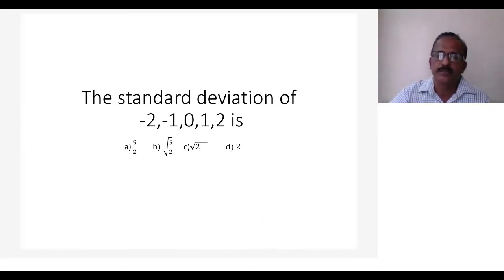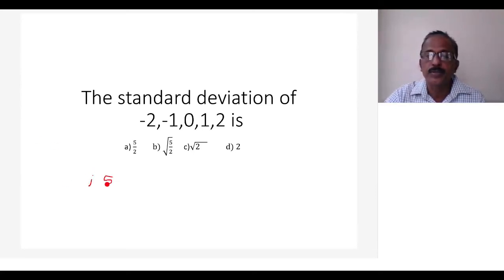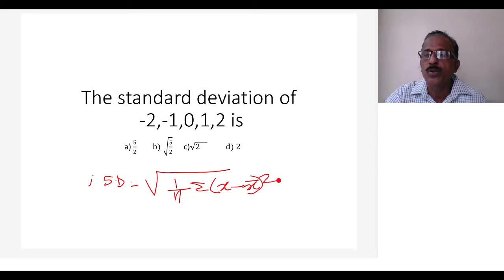So standard deviation has a formula. Standard deviation is equal to the square root of 1 by n sigma (x minus x bar) the whole squared.